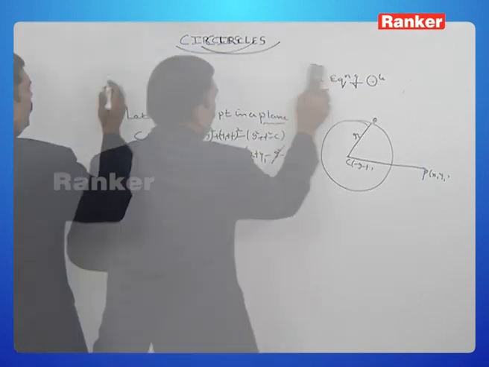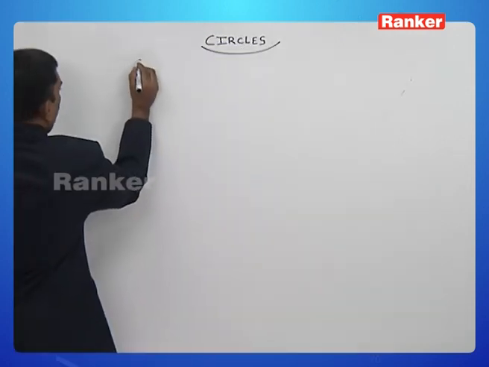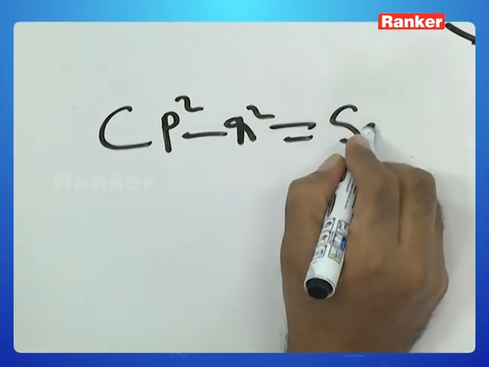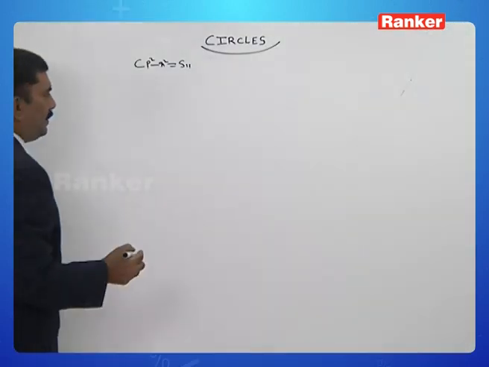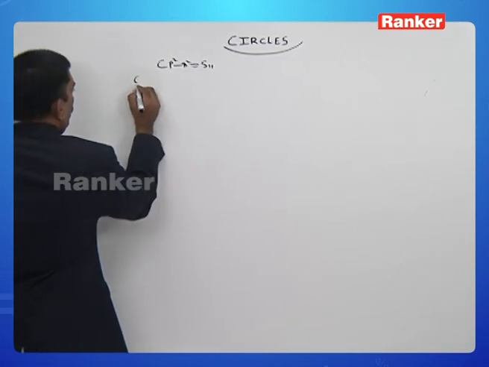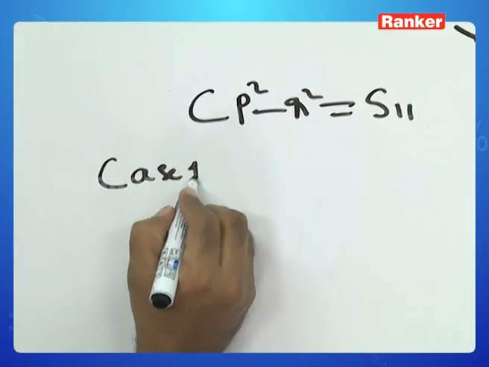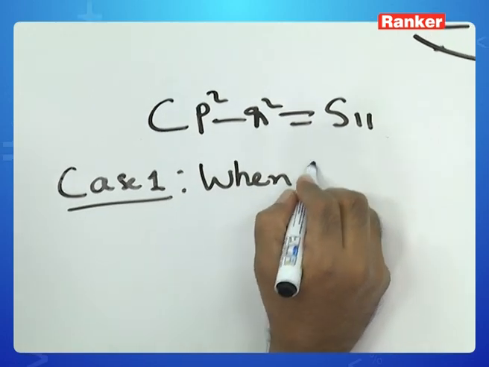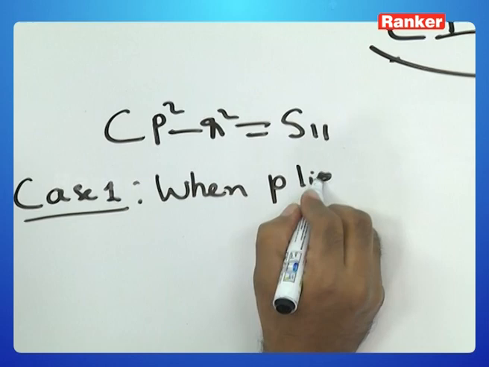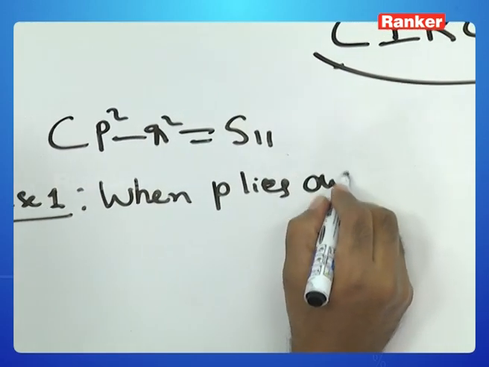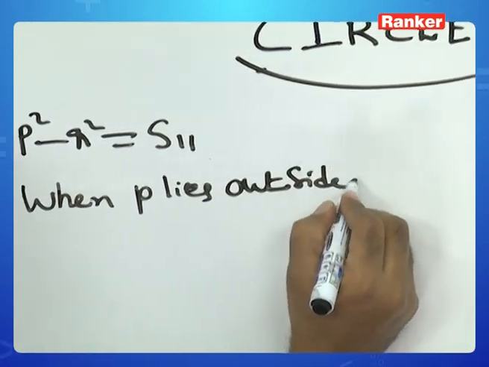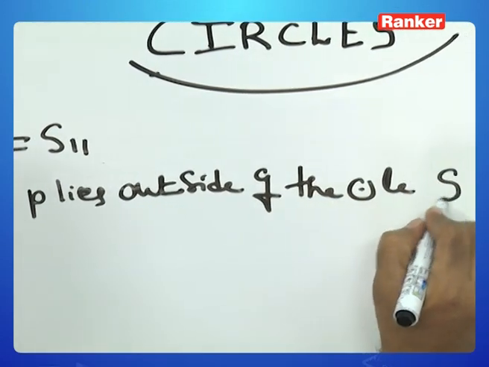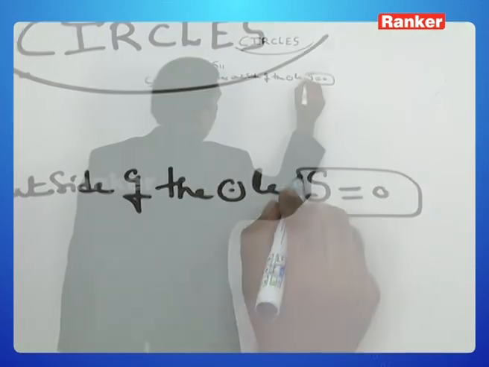So now I go for case 1: when P lies outside of the circle, S is equal to 0.